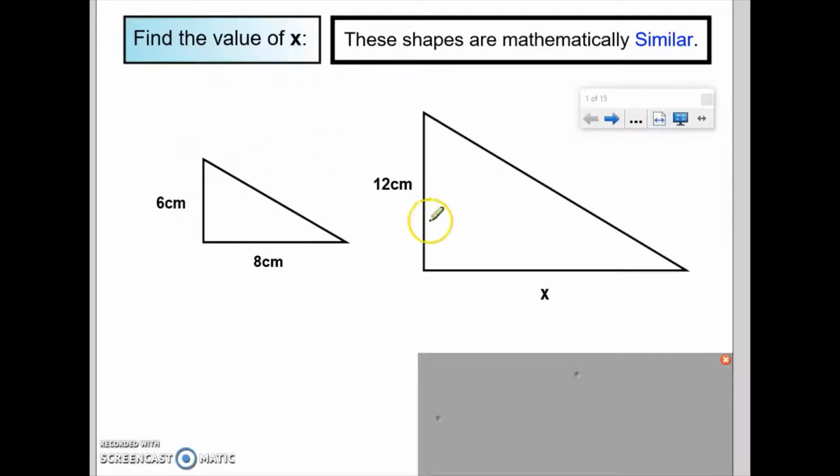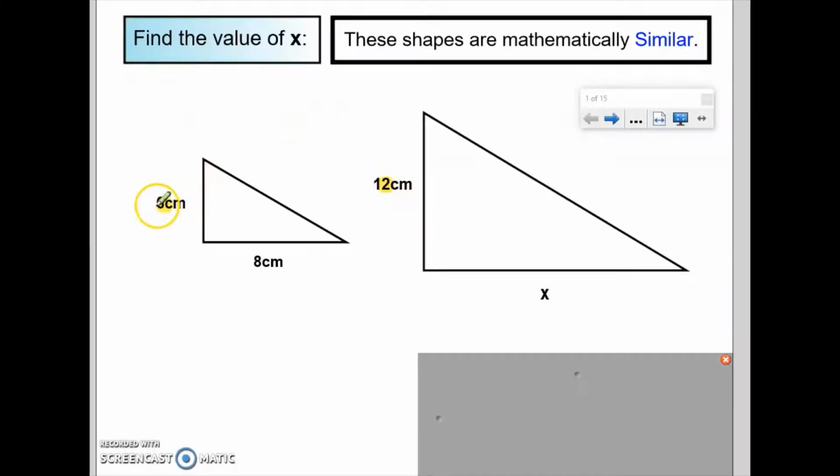Okay, so we know these two shapes are similar. If we look at this length here, we've been told that it's 6 centimeters. If I look at the corresponding side on the larger triangle, we can see that it's 12 centimeters. So we went from a length of 6 to a length of 12. What we've done there is multiply by 2.